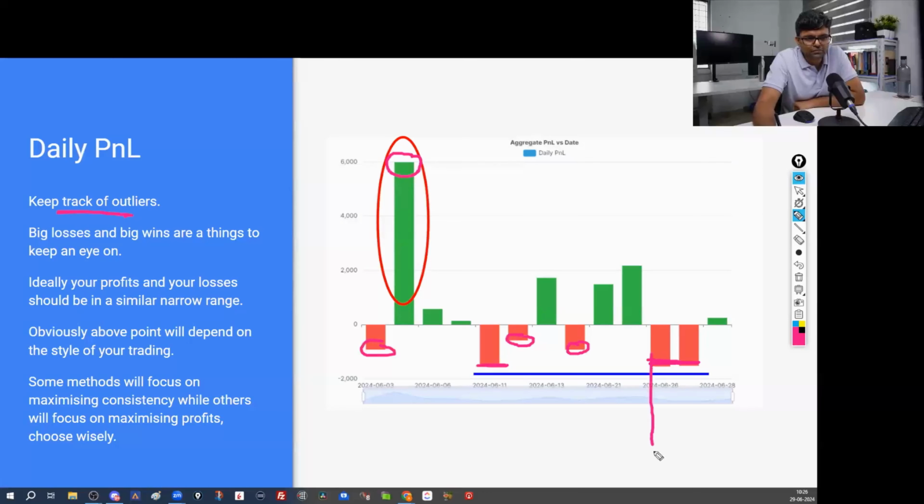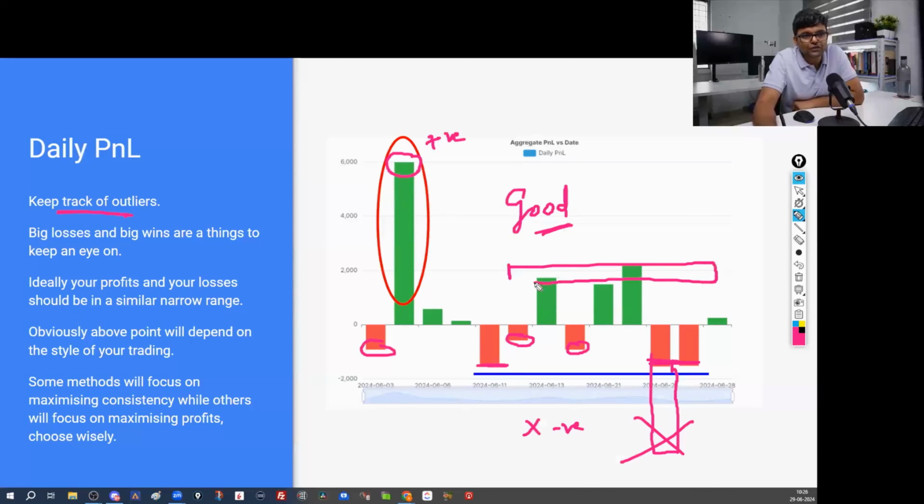So there are no big bars to the downside. At least what I have is an outlier in the positive territory, but no outlier in the negative territory, which is extremely good.